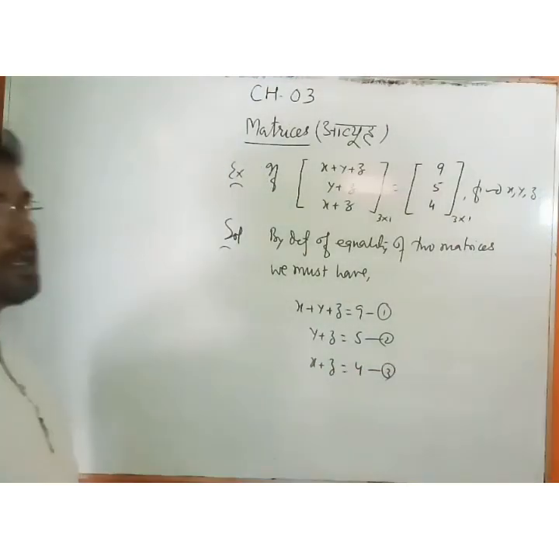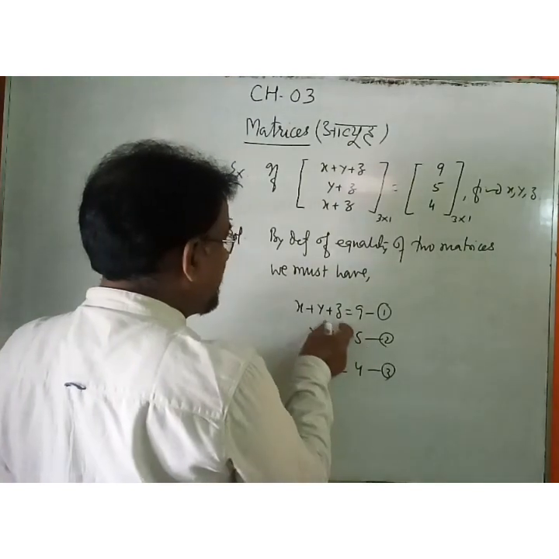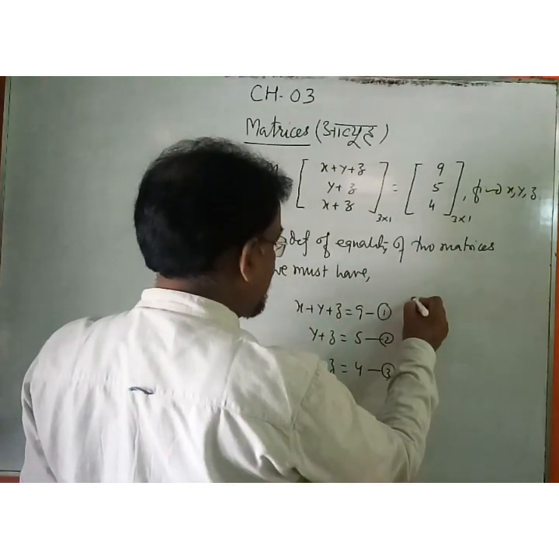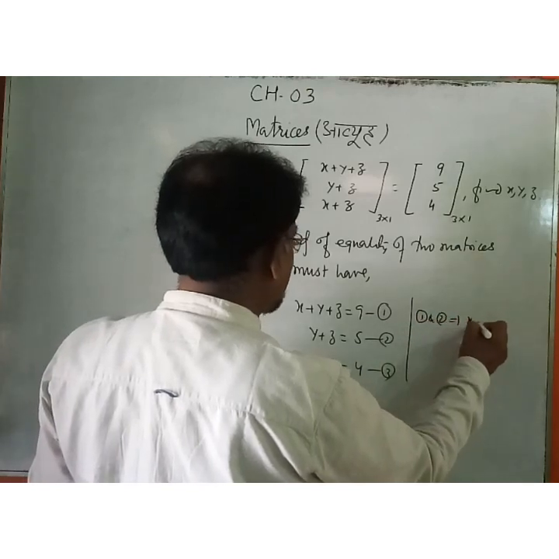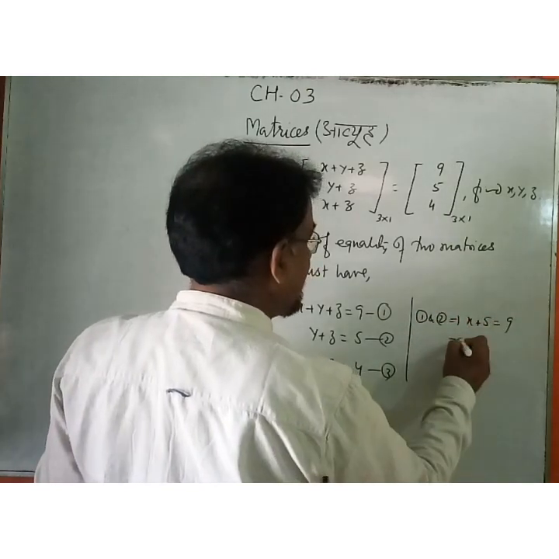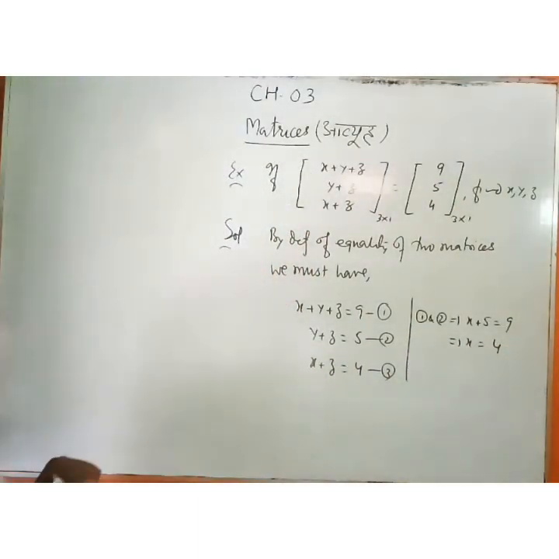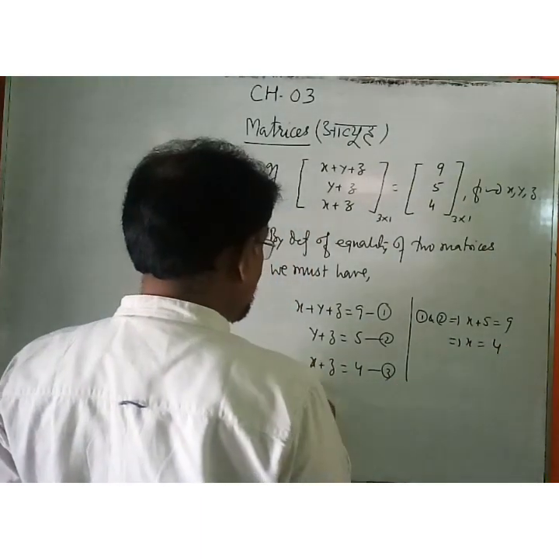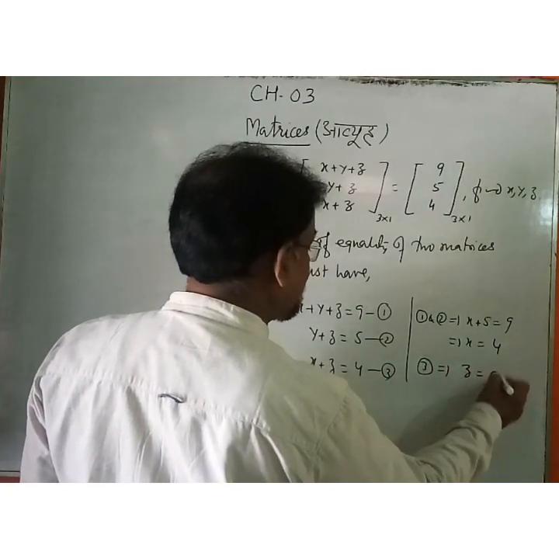Now see carefully, if you put Y plus Z equal to 5 in equation 1, 1 and 2 will imply X plus 5 equal to 9, which implies X is equal to 4. If X is equal to 4, then equation 3 implies Z is equal to 0.